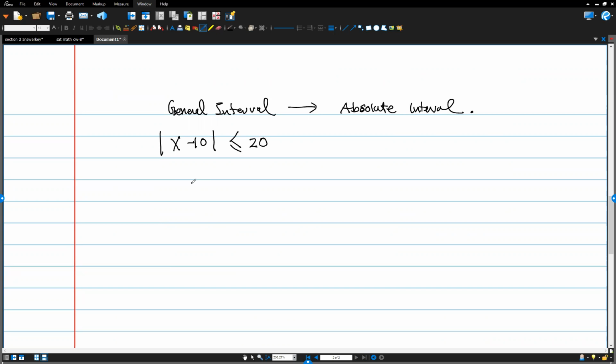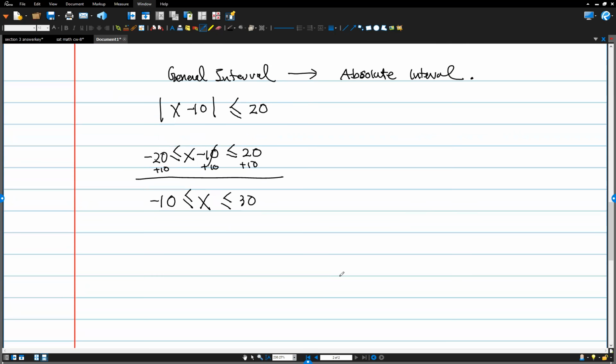So x minus 10 is less than positive 20 and greater than negative 20. Plus 10, plus 10. This is x less than 20 plus 10, which is 30, and over here negative 20 plus 10 is negative 10.